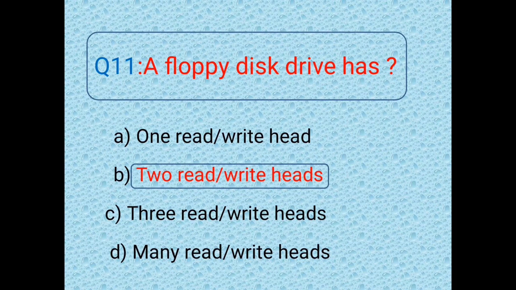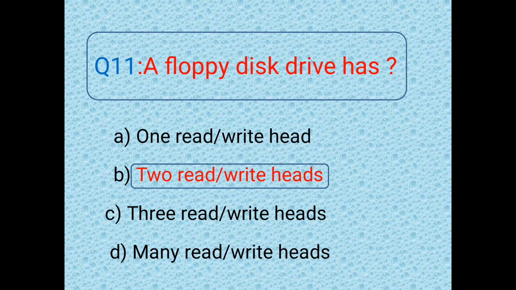Question number 11. A floppy disk drive has: A, 1 read write head, B, 2 read write heads, C, 3 read write heads, D, 4 read write heads. What is a floppy disk? A floppy disk is a data storage medium used for the transfer of data from one place to another, for data storage and backup of a small amount of data.